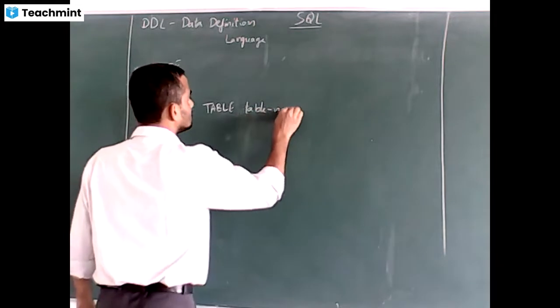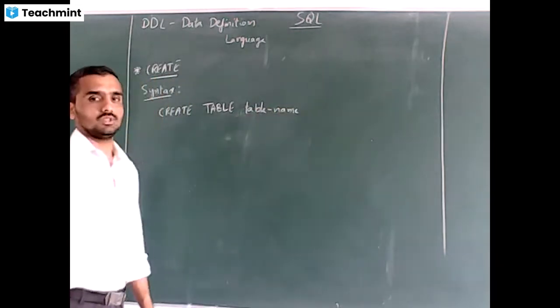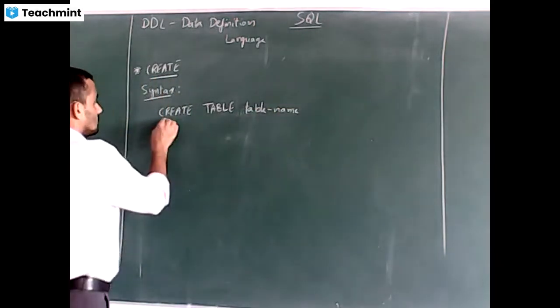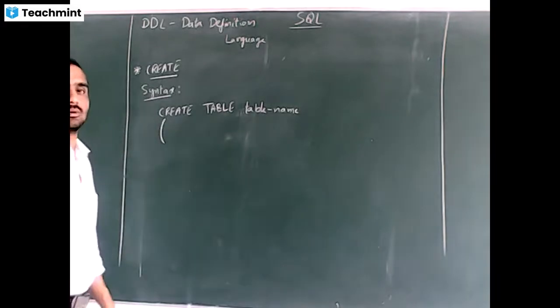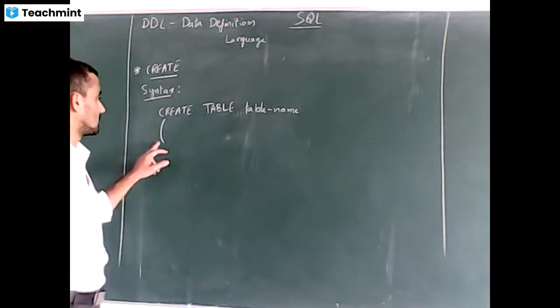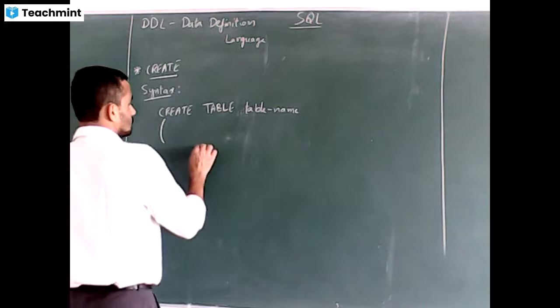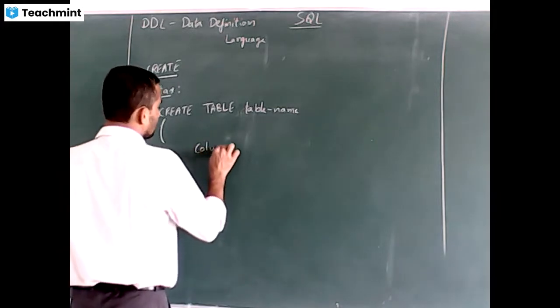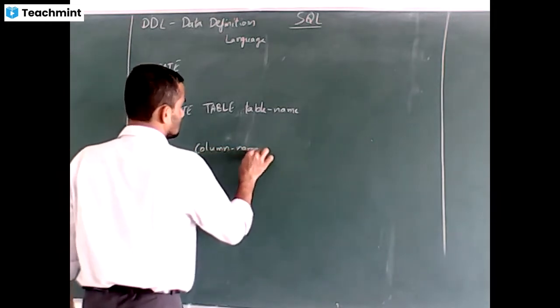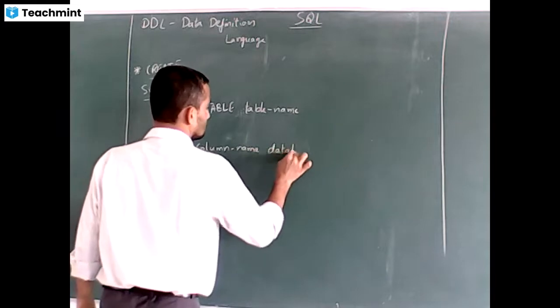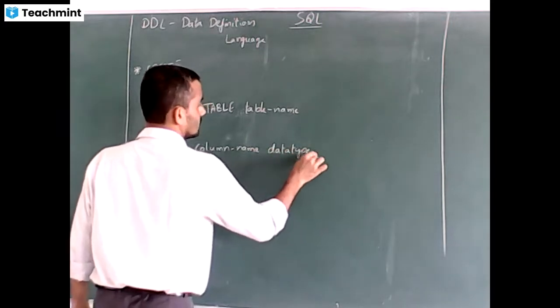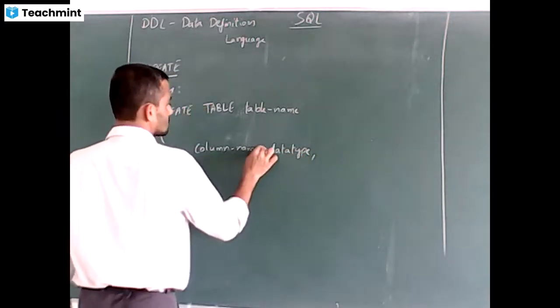Here the table name is not a keyword, it is an identifier. Then you have to put parenthesis, not braces, opening parenthesis. Then column name, data type, comma. That means column 1.